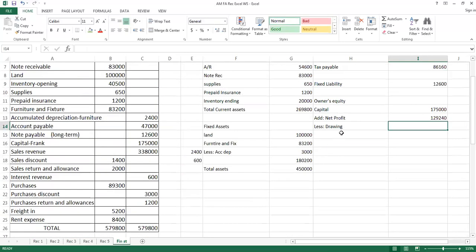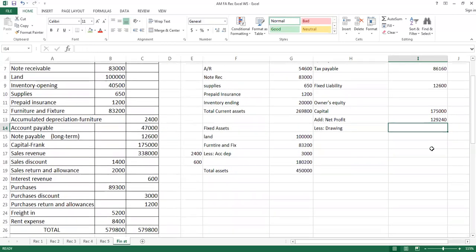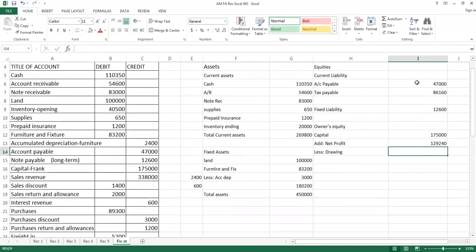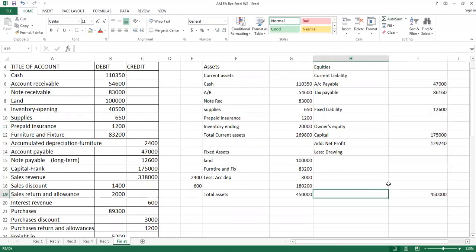Okay. Now we need drawings. Drawings are the amount withdrawn by the owner from the business. So there is no drawing data is given. Okay. So if we take the sum of these amount, the sum should be equal to assets.